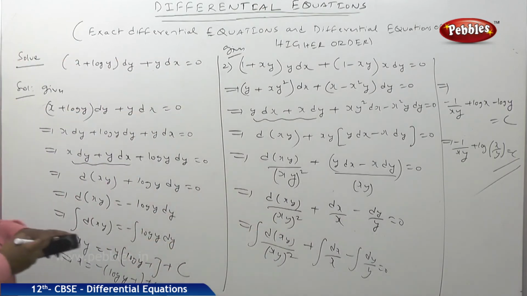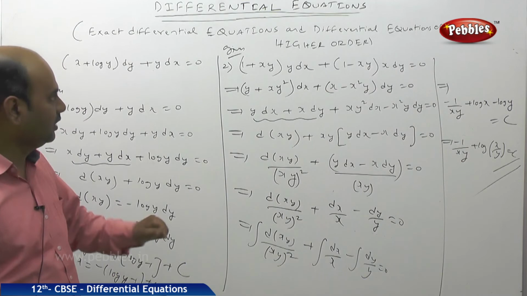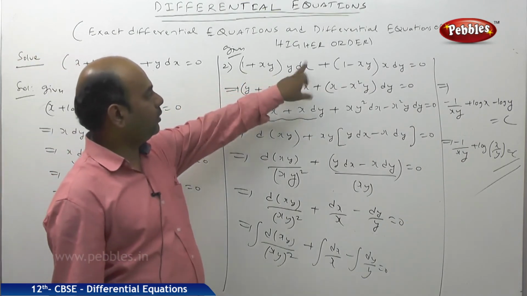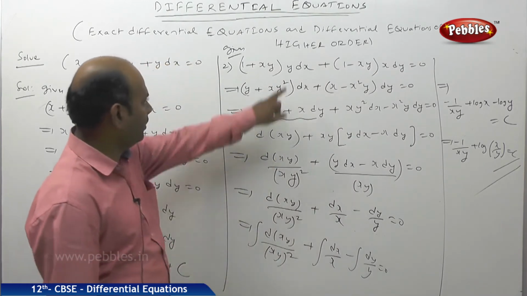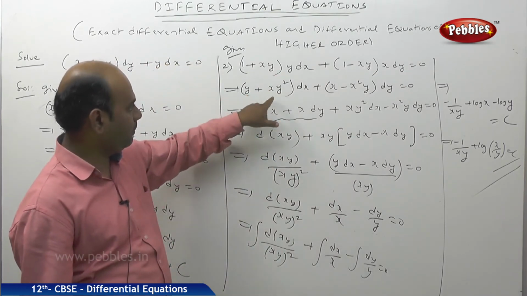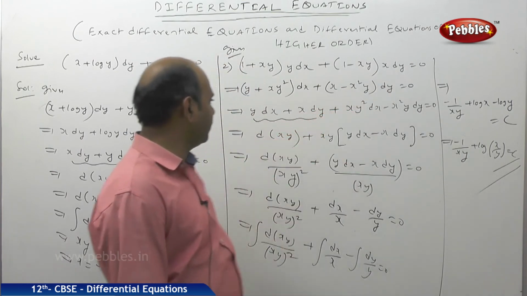Once again I'm repeating this problem, a little bit of gap has come while doing this one. 1 plus xy into y dx plus 1 minus xy into x dy equal to 0. I multiplied by y, so y plus xy square dx plus x minus x square y dy equal to 0.